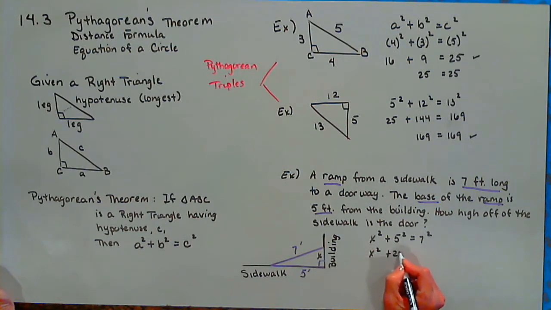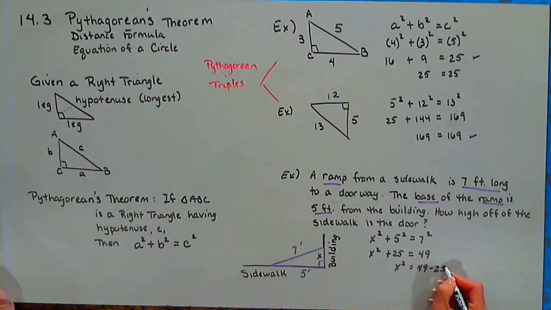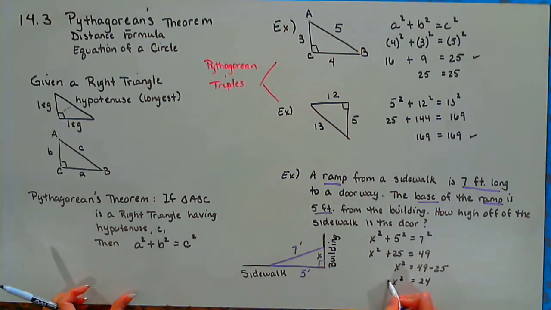By solving this problem, keeping equal signs lined up to help with organization, x squared is the same as 49 less 25. So x squared is the same as 24. Solve this by taking a square root.